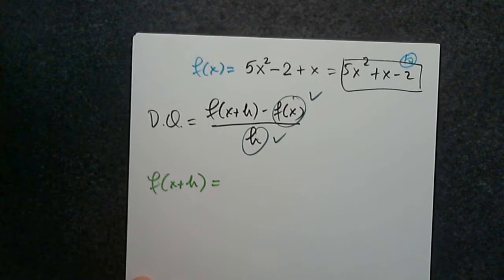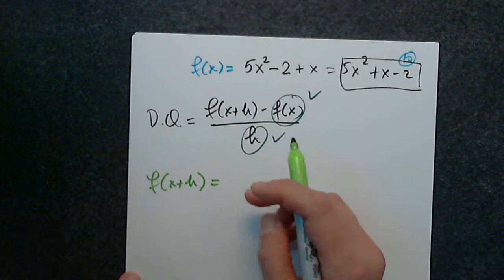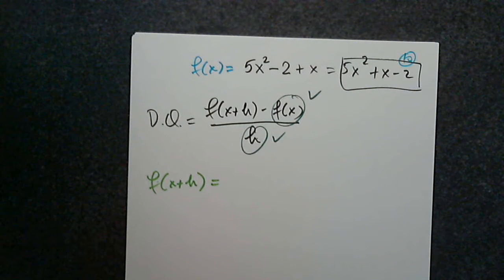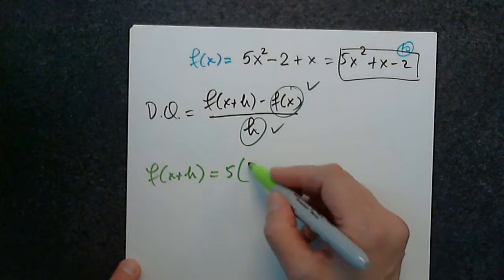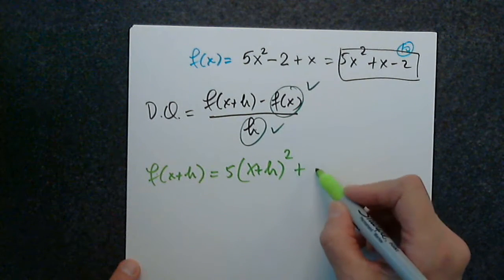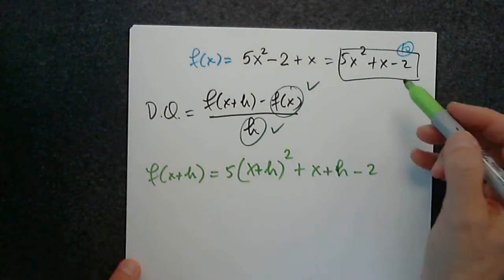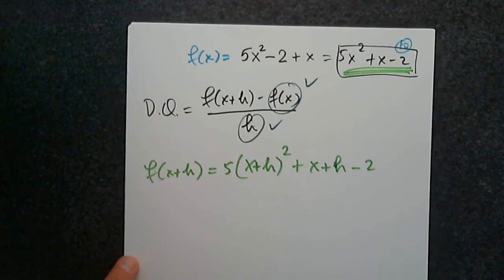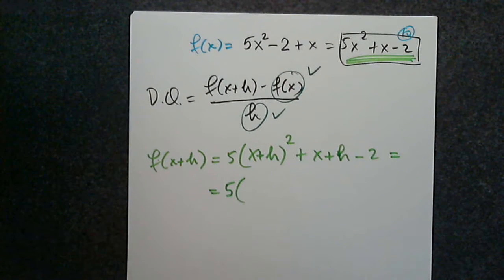Can anyone dictate? Five, excellent, x plus h, squared, excellent, minus 2. Perfect. So now we have to square first and then distribute 5.